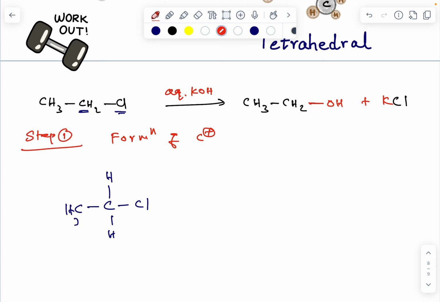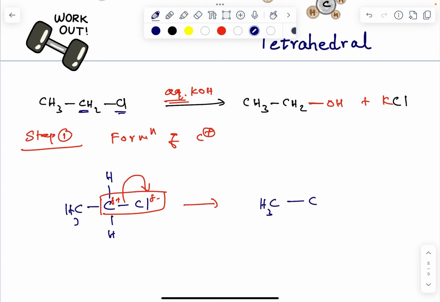Here in C-Cl, with hydrogen and CH3, we have a partial positive charge and a partial negative charge. Once you treat it with the aqueous medium, complete electron transfer takes place. As a result, it is CH3, C plus, hydrogen and hydrogen. What type of carbocation is this? A primary carbocation is formed.